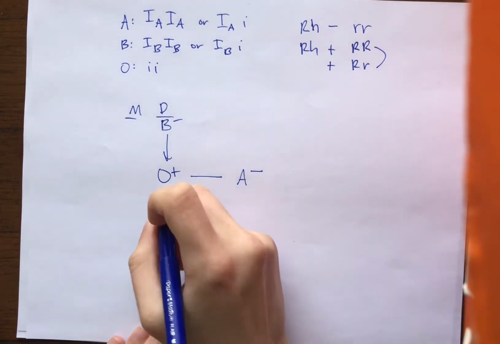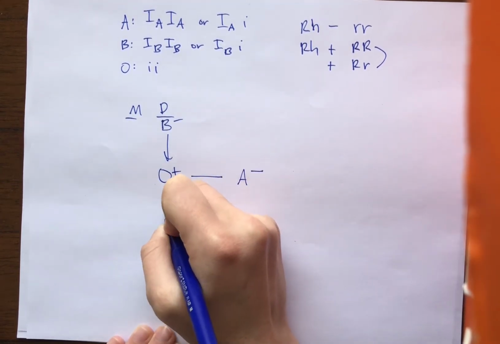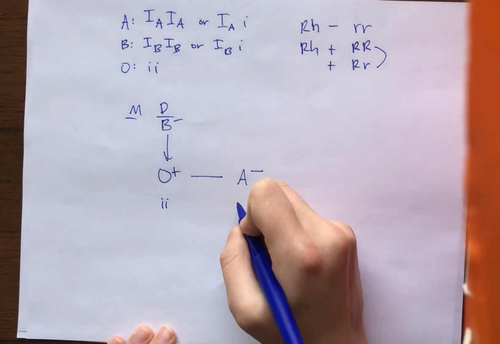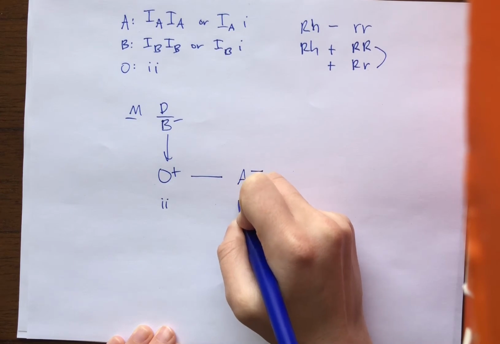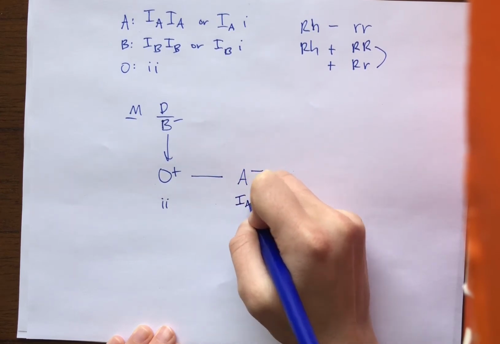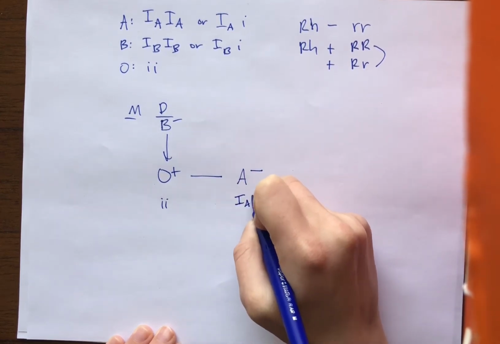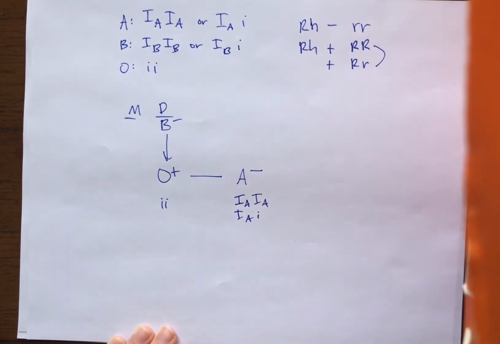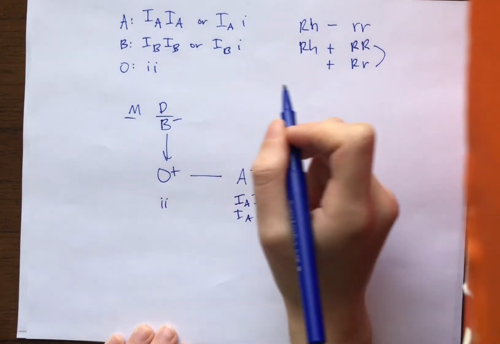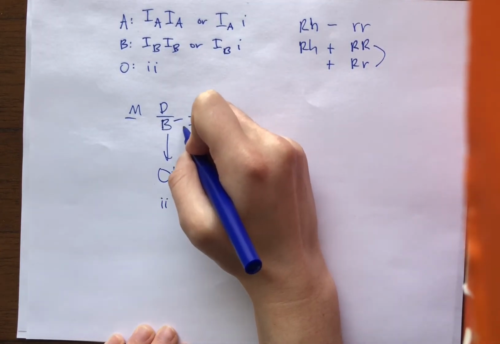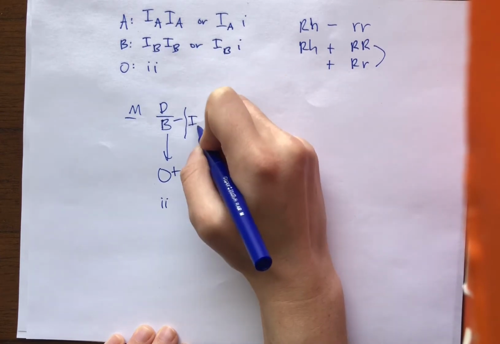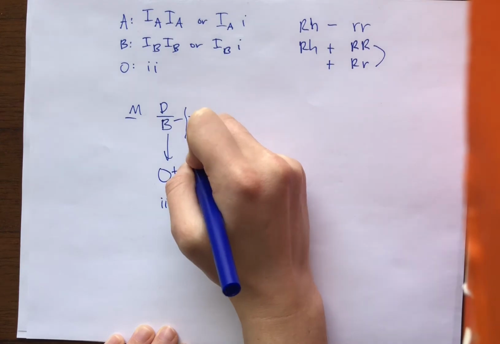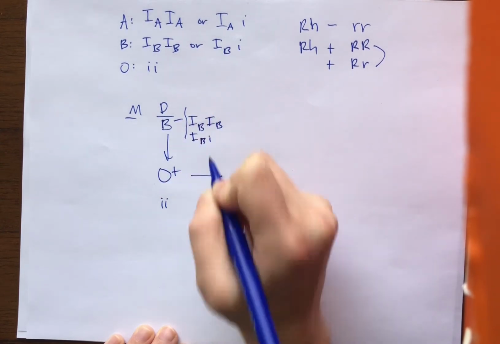So we know that O is two small i's for the woman, and for the man, he has two possibilities. He can be homozygous for blood type A, or he can be heterozygous. And for dad, same possibility: homozygous or heterozygous.